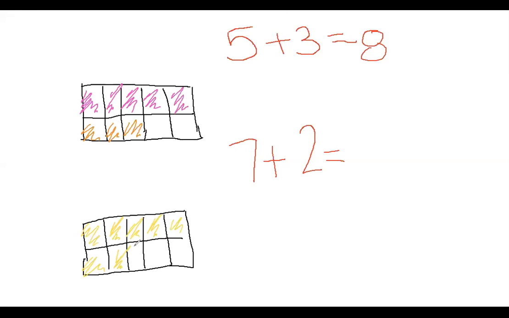Now do 7 one color and 2 the other color. And your answer would be 9.